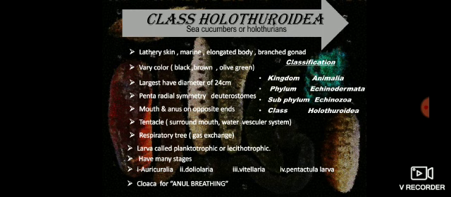The last property or character of class Holothuroidea is the cloaca, or anal breathing. The cloaca present in these sea cucumbers is used for breathing. Sea cucumbers breathe by expanding the cloaca, which draws oxygenated water into the anus, and this is called anal breathing.